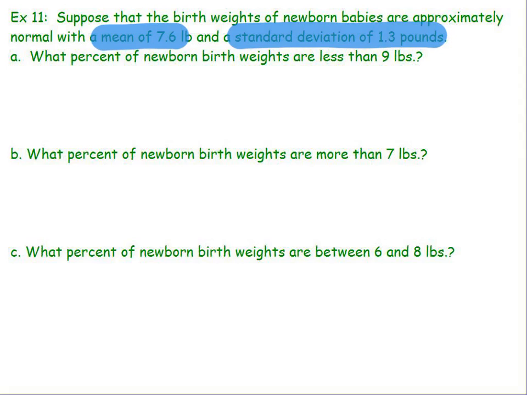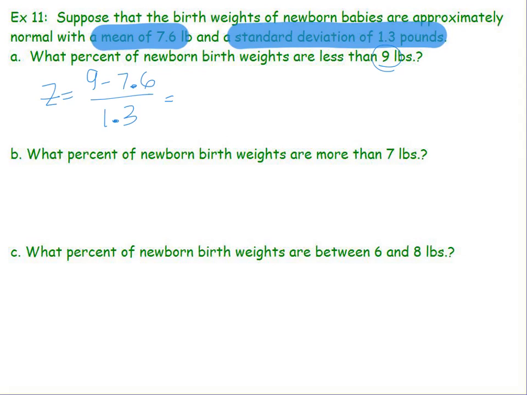So we were told it was normal. We're going to draw a picture in just a minute, but we're going to actually do our z-score first. I find that z-scores are easier done first. So our data value is 9 minus my mean of 7.6, divided by my standard deviation of 1.3.